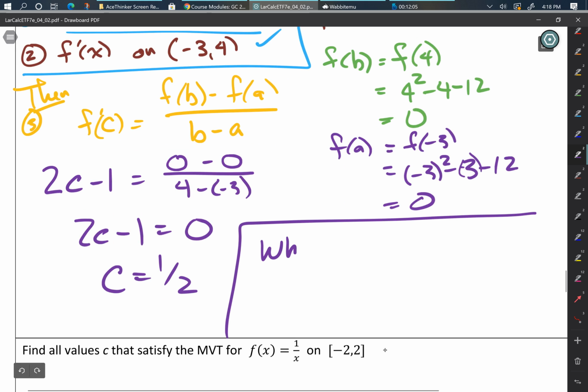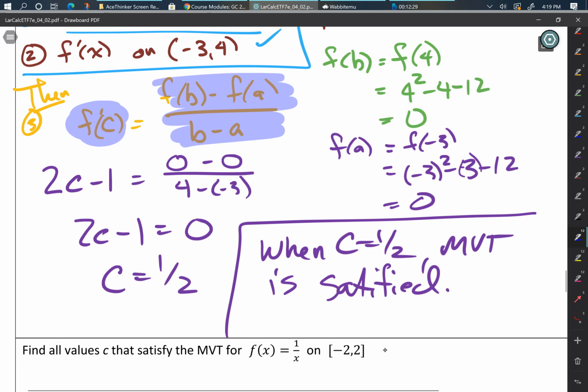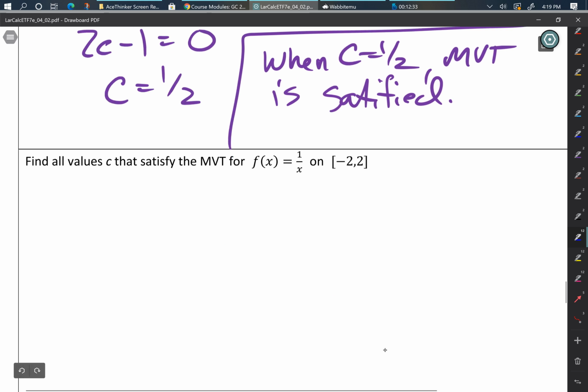So when c equals 1/2, the mean value theorem is satisfied because the instantaneous rate of change, I'm going to throw a phrase at you here, the instantaneous rate of change is equal to the average rate of change. Okay? The instantaneous rate of change is equal to the average rate of change.